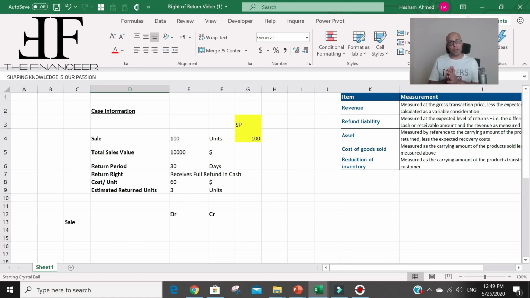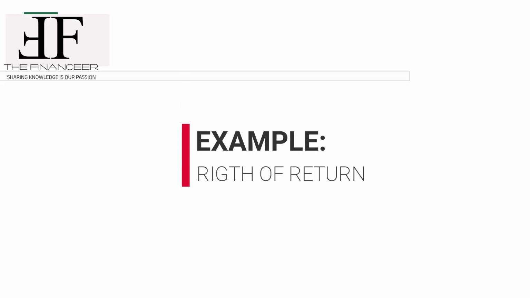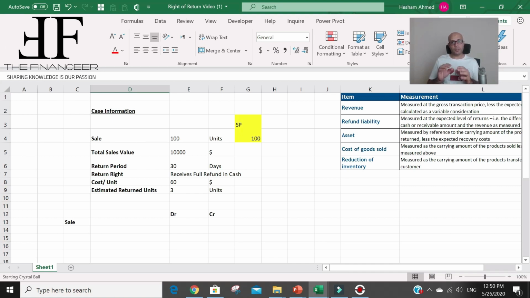Again, the transaction price is not fixed because it depends on how many units the customer is going to return to the company. So the transaction price here is a variable transaction price, a variable consideration. So this is step number 3.